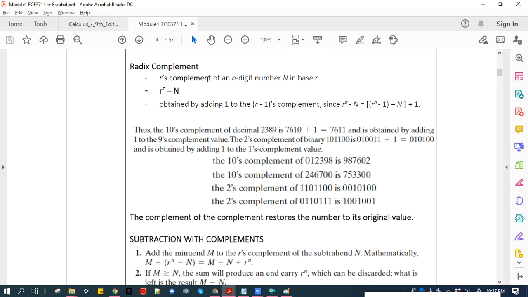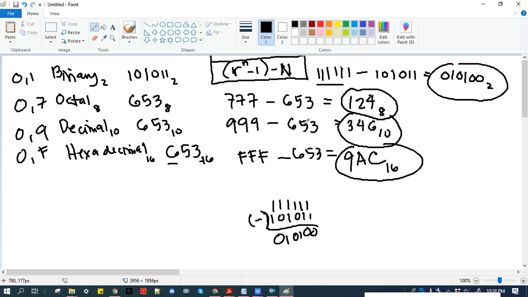You can use this formula directly, or you can compute the diminished radix complement and just add 1 to it. For example, solve for the radix complement of these numbers.